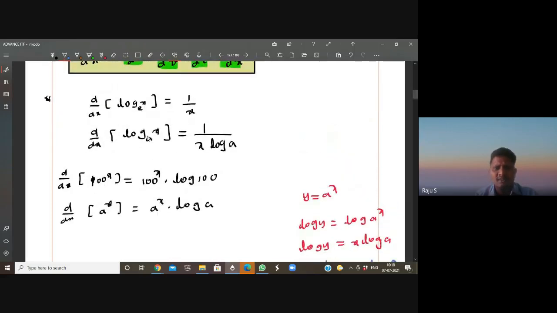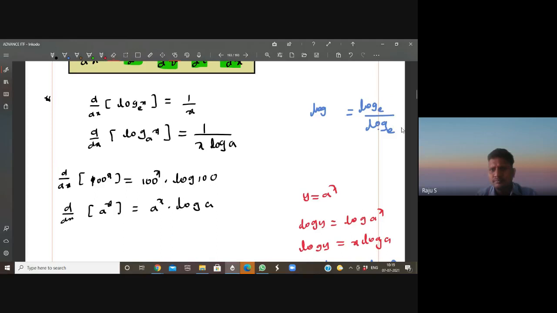Even here, log x base a, we can apply the log a base b form. Log a base b can be written as log a by log b. So in this case, the base becomes e. When you write log a base b in this form, the base becomes e. Now you can differentiate here, so in place of a we have different values.